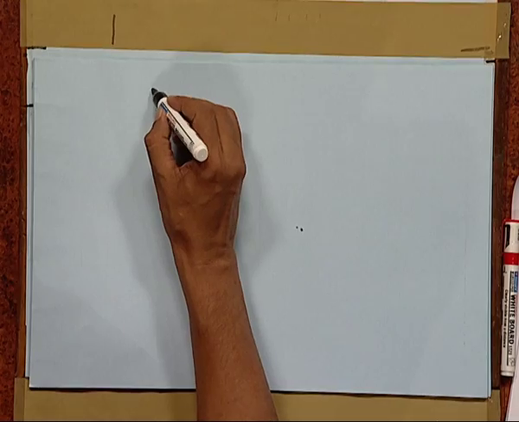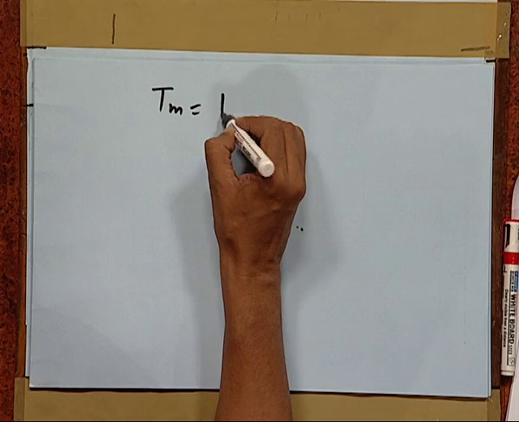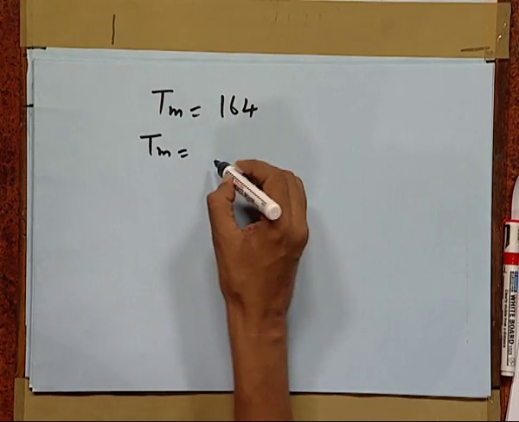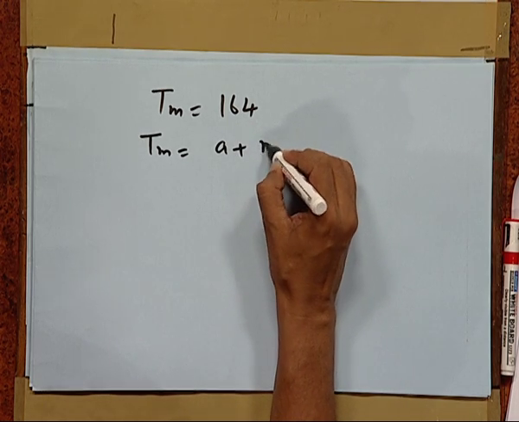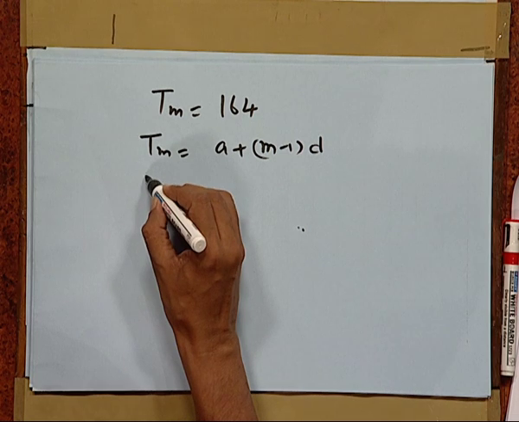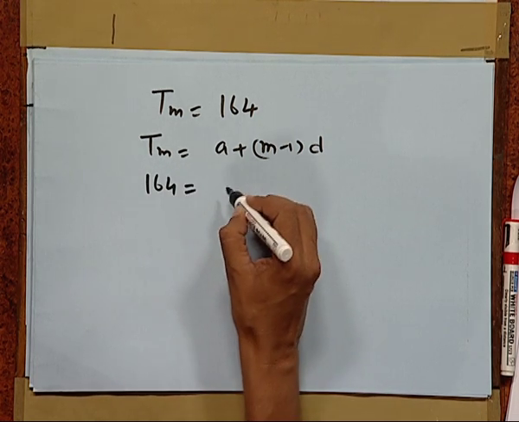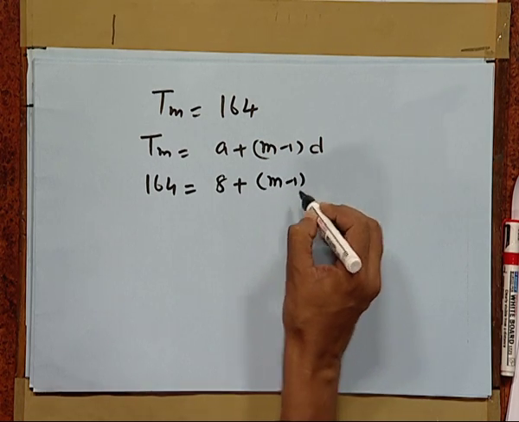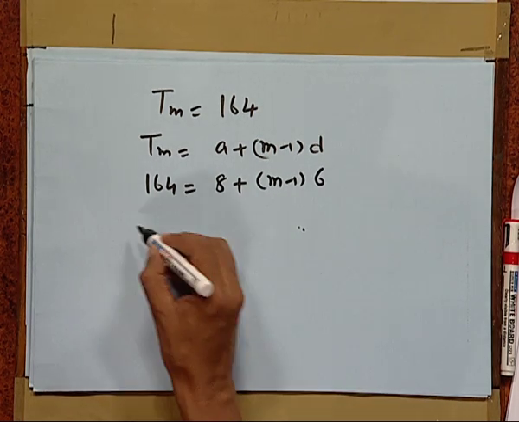Now we have got Tm given to be 164, but by formula Tm is a plus (m minus 1) d. Hence 164 is equal to 8 plus (m minus 1) times 6.